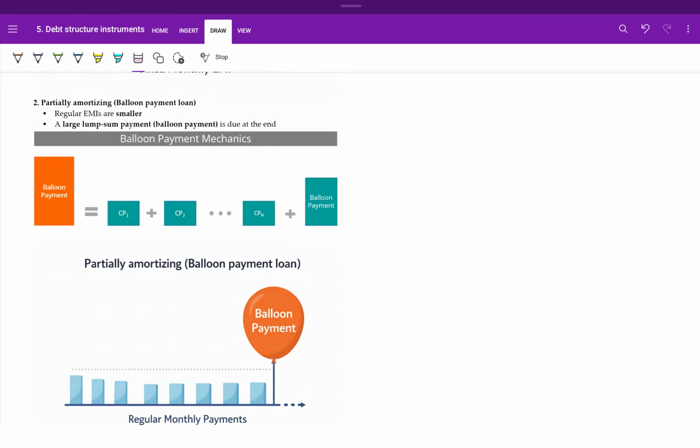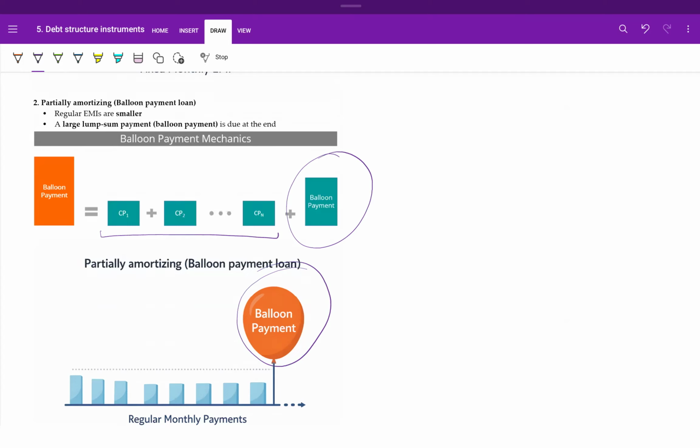The regular EMIs are smaller than in the fully amortizing loan. At the end of the term, a large lump sum payment is due, which is known as the balloon payment.